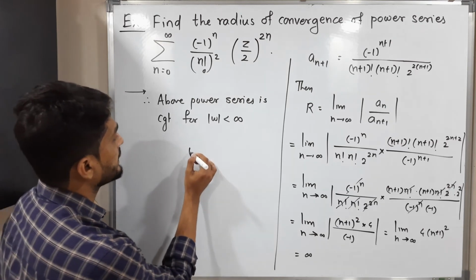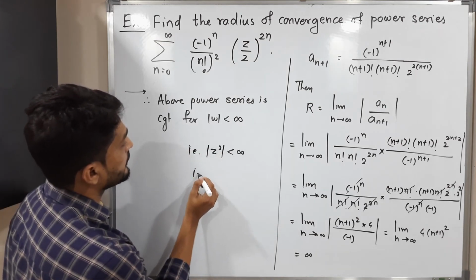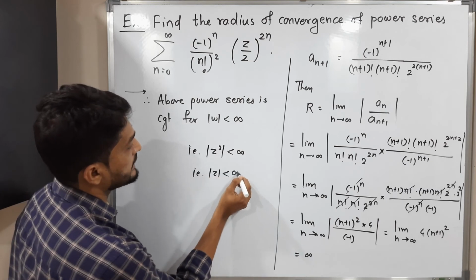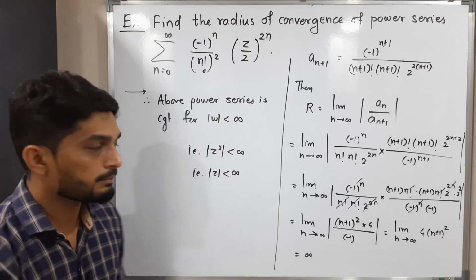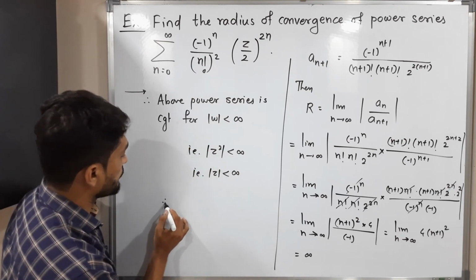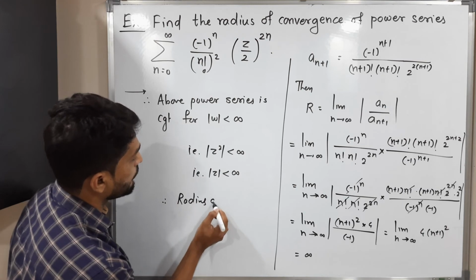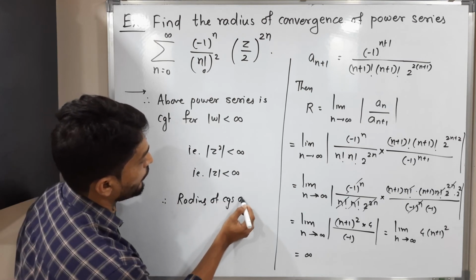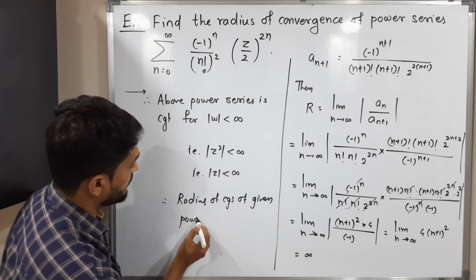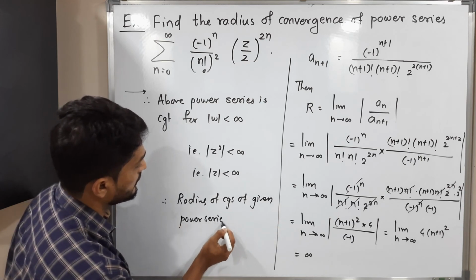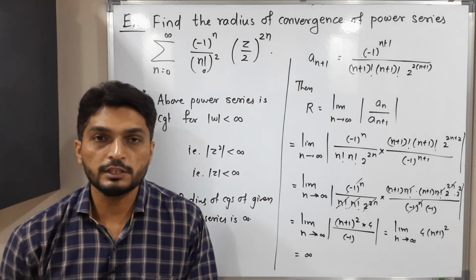So that is mod z square less than infinity. So that obviously means mod z is also less than infinity. So infinity is the radius of convergence of the given power series. That means the given power series is convergent everywhere.